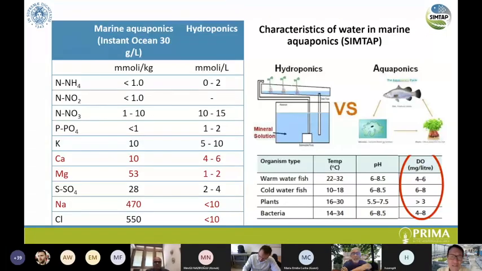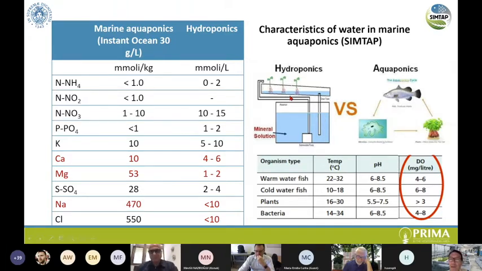But let's talk about, let's say, our water environment, because as you know, IMTA systems are an evolution of aquaponics, because we have, beside fish and plants, also detritivorous and filter feeders organisms, and of course, all these organisms have different requirements in terms of environment and chemicals that can be tolerated by each species.